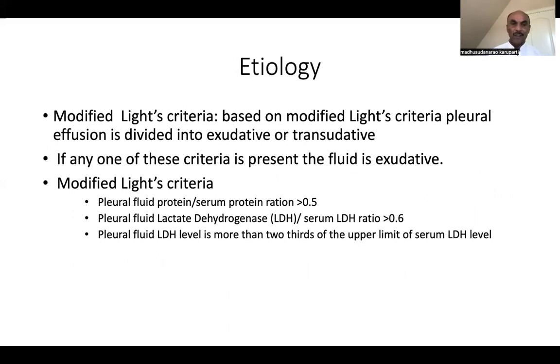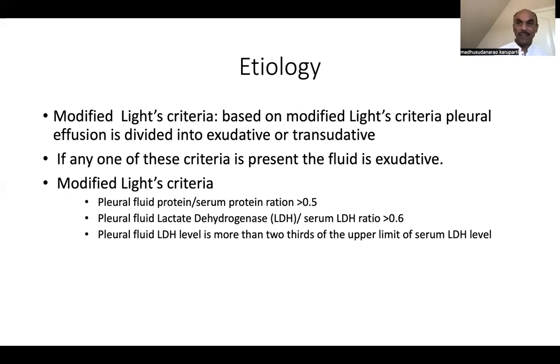They are pleural fluid protein to serum protein ratio, if it is more than 0.5; pleural fluid lactate dehydrogenase to serum LDH ratio, if it is more than 0.6; or if pleural fluid LDH level is more than 2/3 of the upper limit of the serum LDH levels.